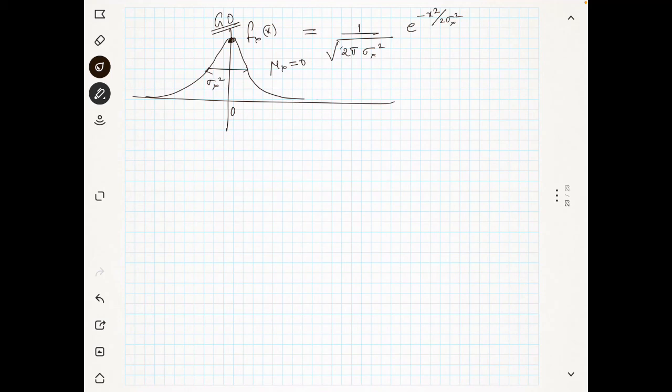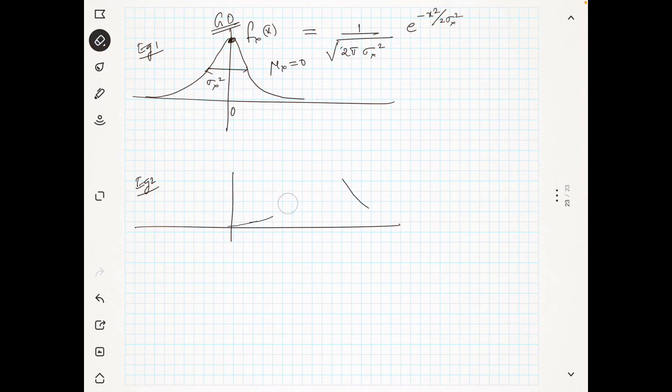Now there is another example, where mu_X is not equal to 0 but the standard deviation is 1. So this is another graph.